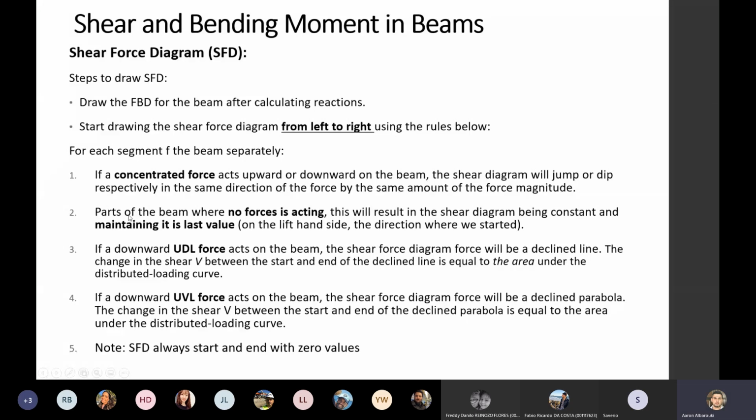The second note we have there: parts of the beam where there are no forces acting will result in the shear force diagram being constant, maintaining its last value on the left-hand side, the one before, where we started from.